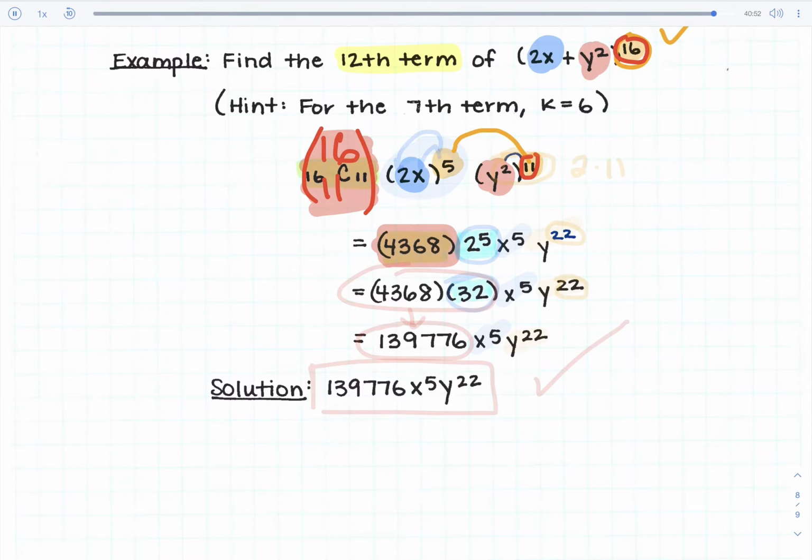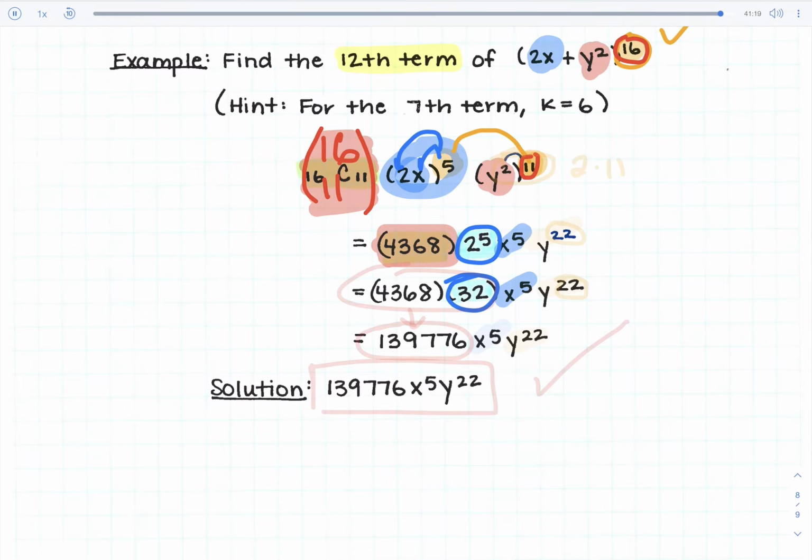4,368. Then I have to work on my 2x to the 5th. I'd first start by doing 2 to the 5th, which is 32. And then I also have to raise my x to the 5th, which is why I see an x to the 5th here. And be careful, we had to raise our other piece, the y squared, to the 11th.